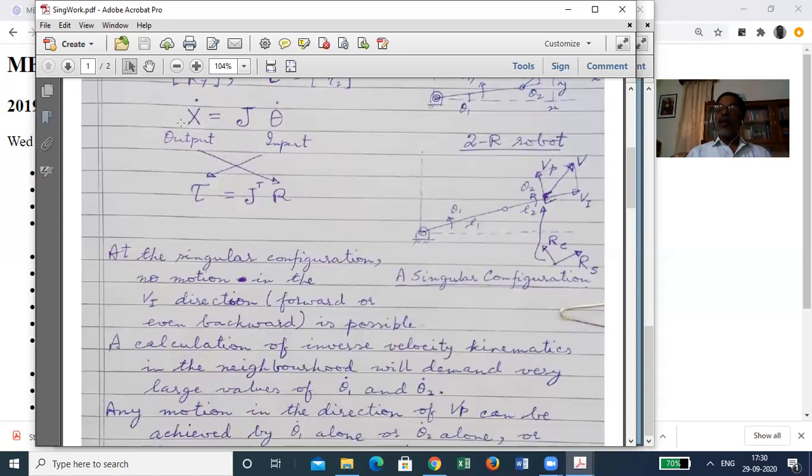And if x dot is not in the range of J, that is, if the required x dot, required V, has any component that is in this direction, then that velocity cannot be achieved. Okay, and even if the point is really not here, but a little close by somewhere, where the arm is almost extended, say this angle is rather than 180, this angle rather than 0, it is 1 degree, 2 degree, 2.5 degrees, like that, then the matrix that you get as the Jacobian transformation is not really singular.